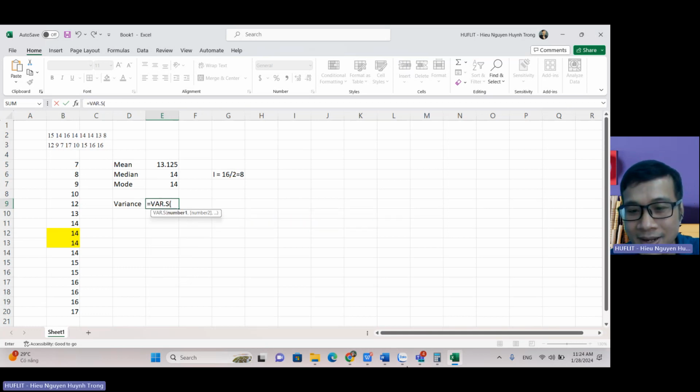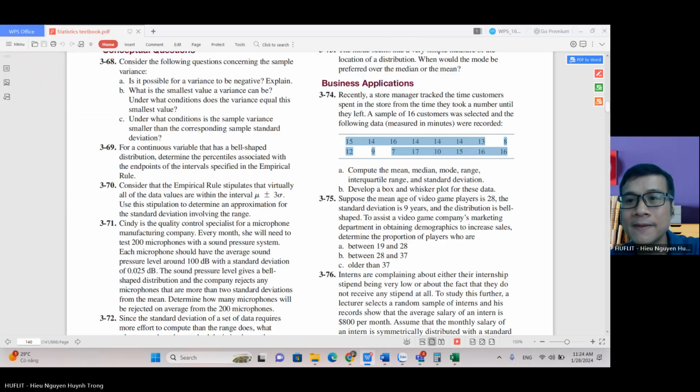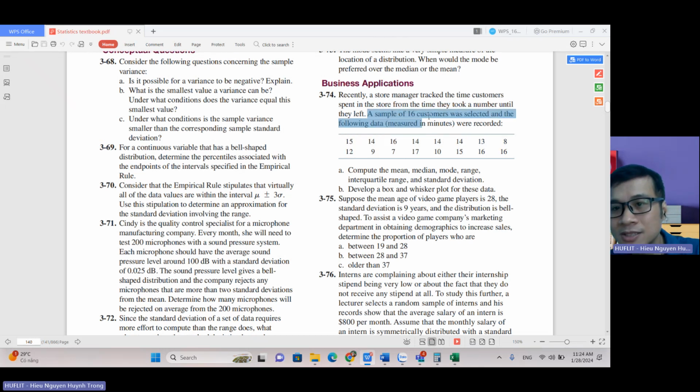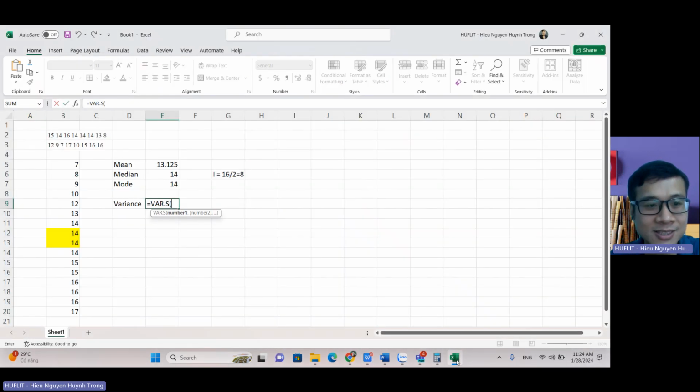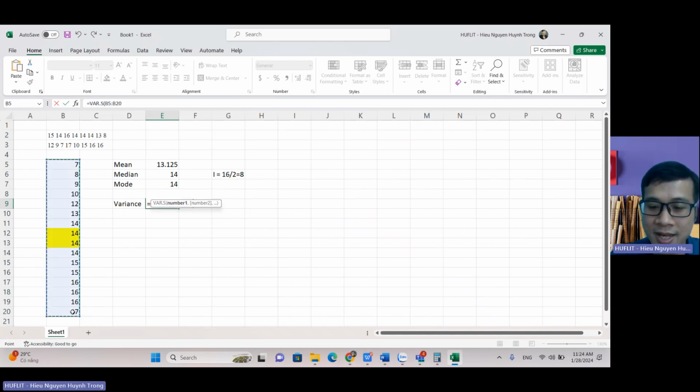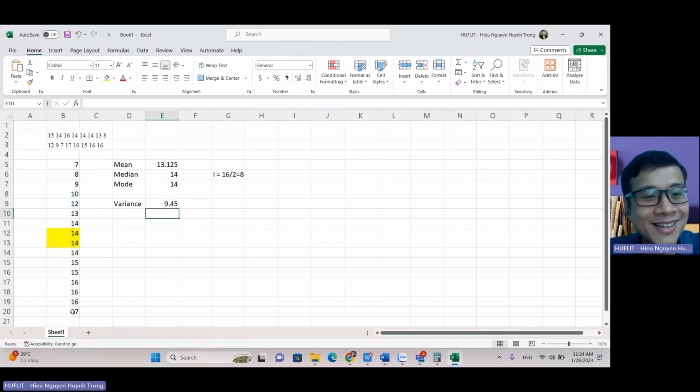Now I know that my data set is just a sample, because you can see a sample of 16 customers here. That is why we choose var.s. Then you scan the whole data set again, close the bracket, and press enter. The variance will be 9.45 in this case.